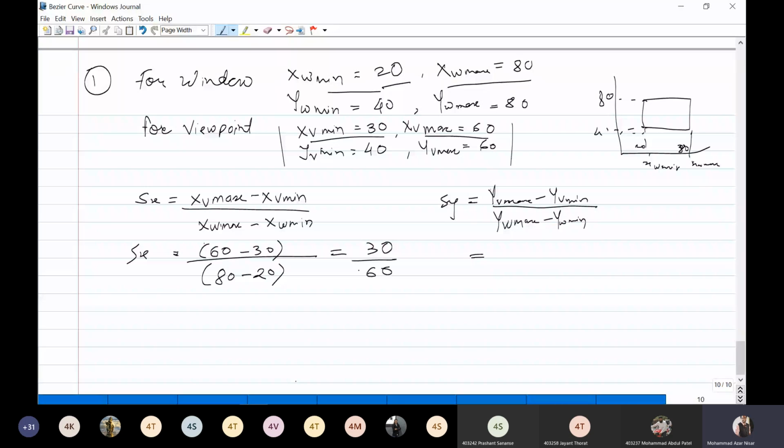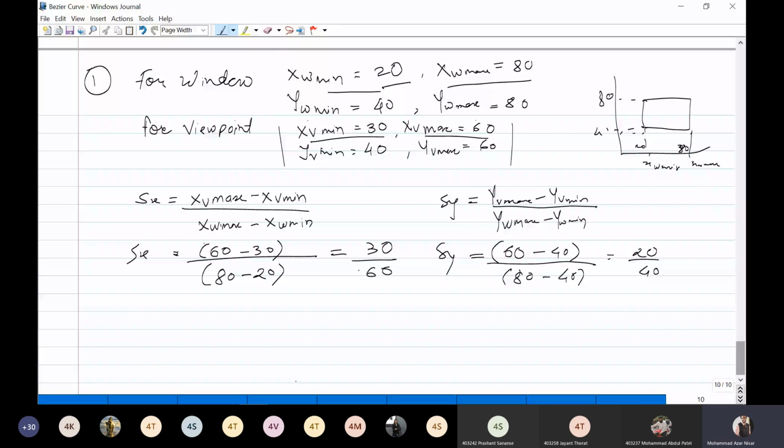So here yv max is 60 minus 40, divided by yw max 80 minus 40. So Sy will be 20 by 40.